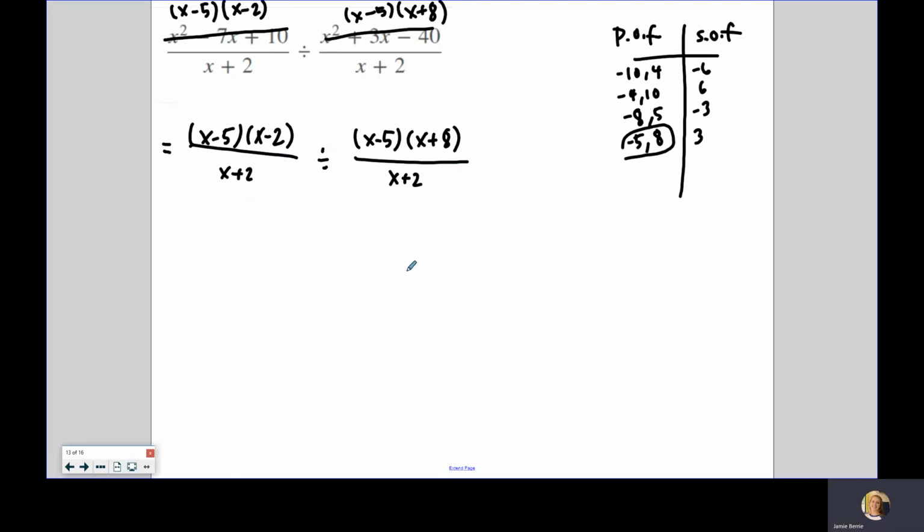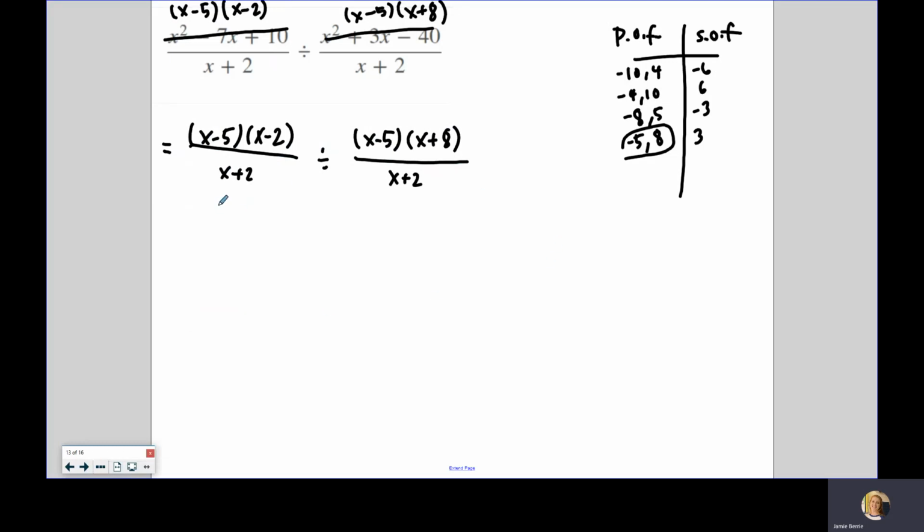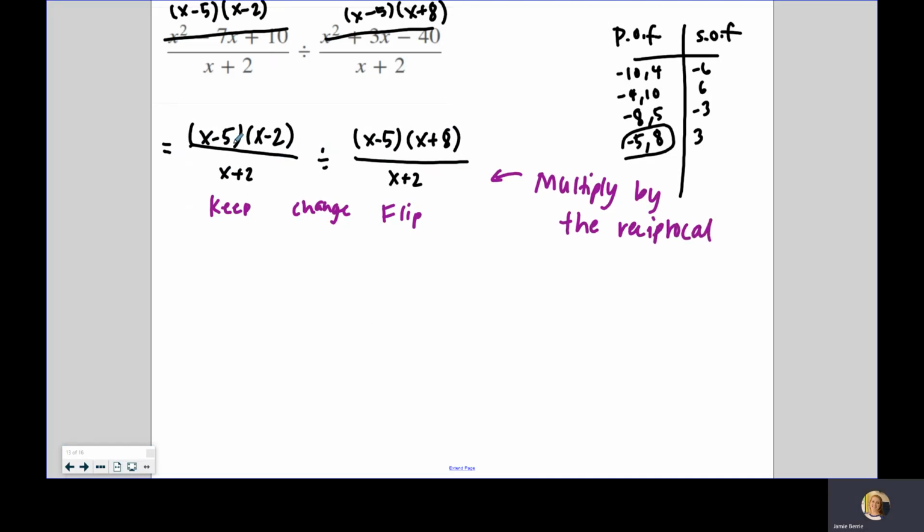All right, so when you are dividing two fractions, you probably remember you have to multiply by the reciprocal, also known as keep, change, flip. Again, the fancy word for this is multiply by the reciprocal. So you keep the first fraction the same, you change the operation to multiplication, and then you flip the second fraction.